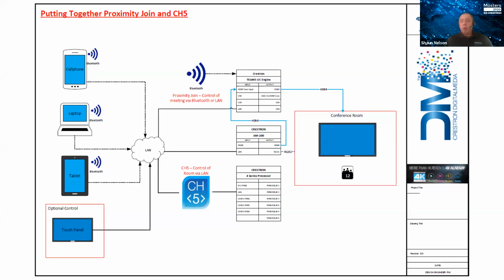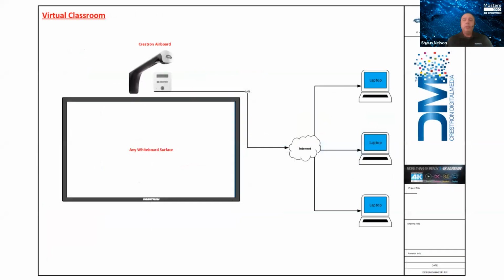As much as I'm harping on the office space, what about the classroom? I'm kind of kicking myself right now, because this would have been a perfect spot for me to put a poll. I'm curious how many people out there have even heard of the airboard, because that's one of those little silent technologies that we came out with that we haven't really said much about.